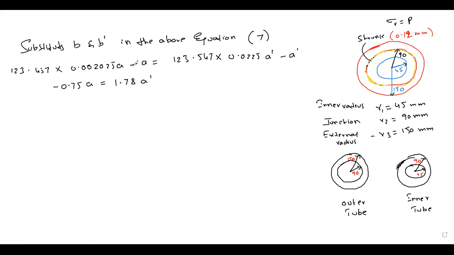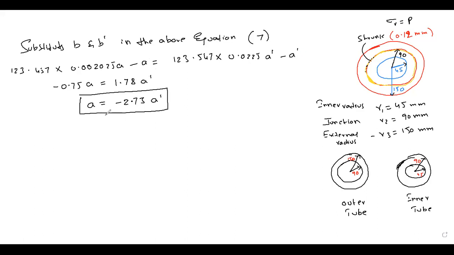Right? From this, a can be written as minus 2.73 a dash. Because this equation has only a dash terms, you can substitute it finally here.